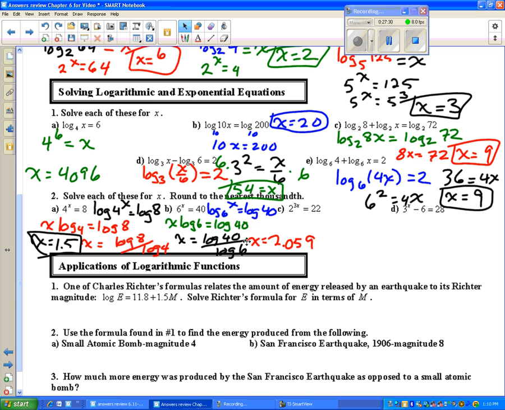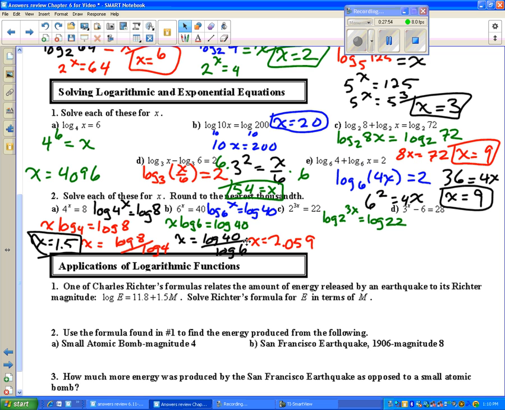Letter C, I'm running out of space here. Again, I want to take logs of both sides. Log of 2 to the 3x is equal to log of 22. Take logs of both sides.